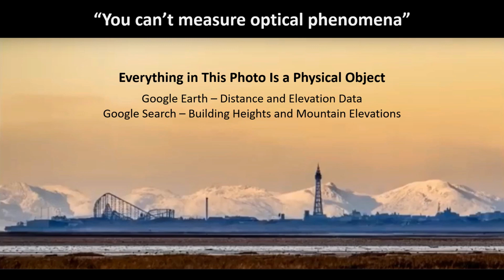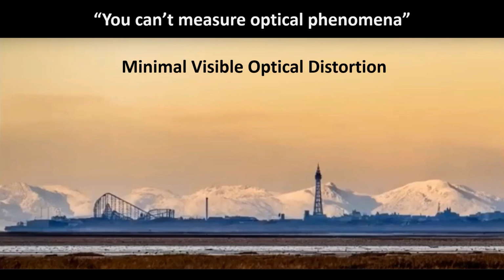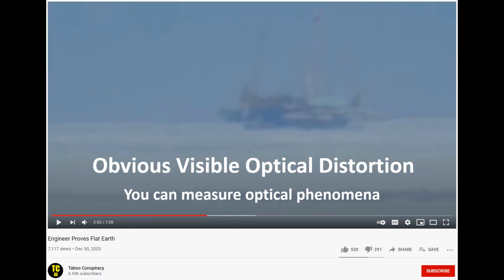Again, everything in this photo is a physical object, and we are doing the exact same thing that flat earthers have done with photographs. And especially when the globe community tries to use photographs where the visible optical distortion is minimal. Because a lot of the flat earth evidence is where the optical distortion is plainly visible.